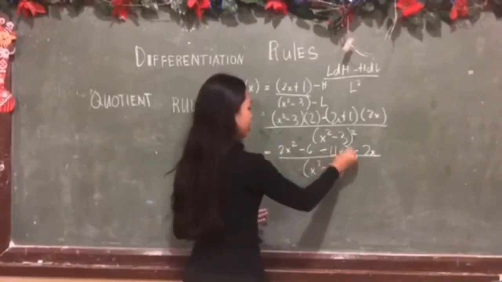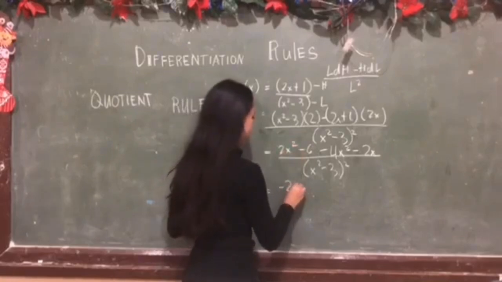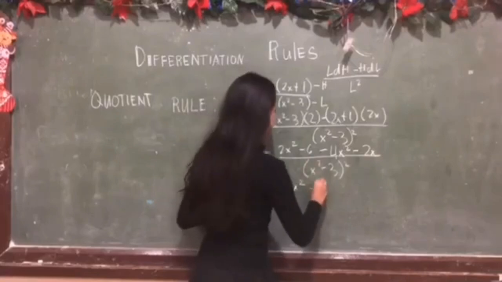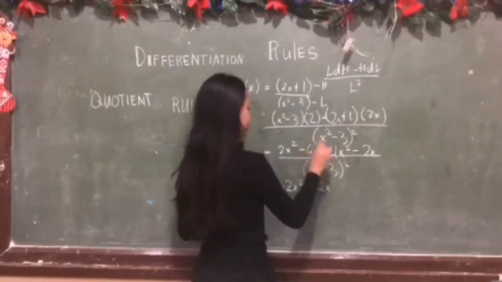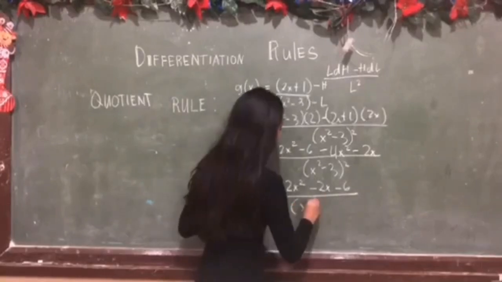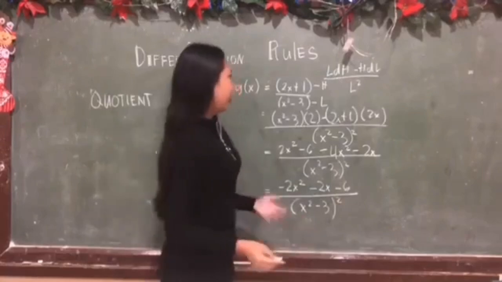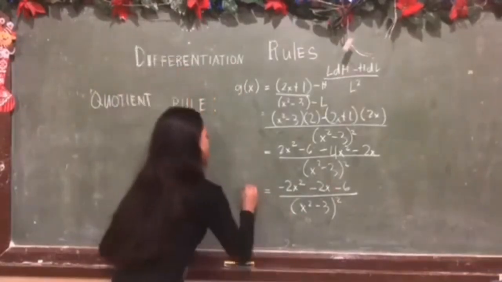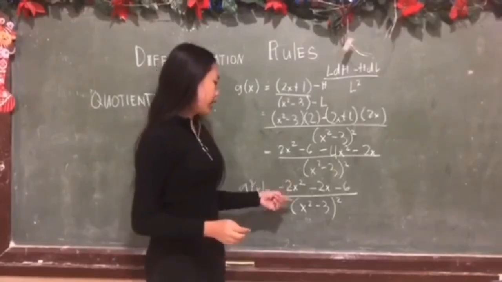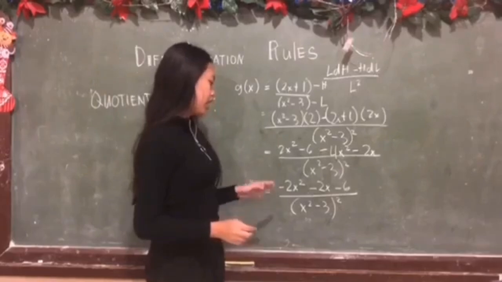Negative 4x squared plus 2x squared is negative 2x squared. Then copy the negative 2x. Then copy the negative 6 over x squared minus 3 squared. So the answer of the given example is g prime of x equals negative 2x squared minus 2x minus 6 over x squared minus 3 squared.